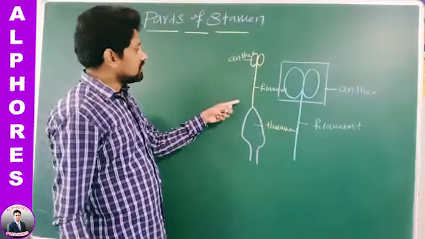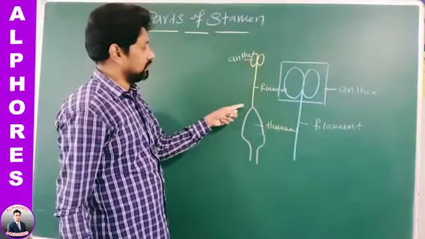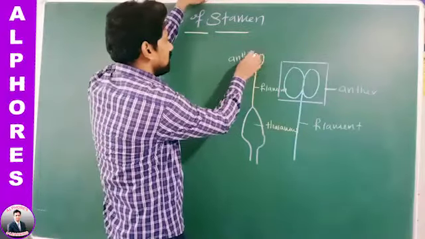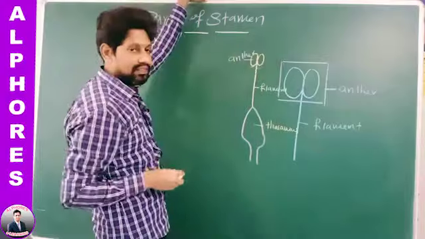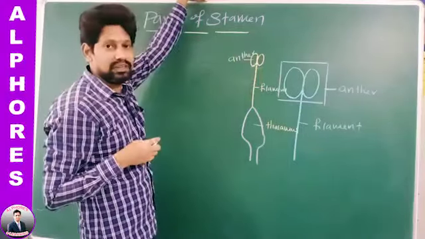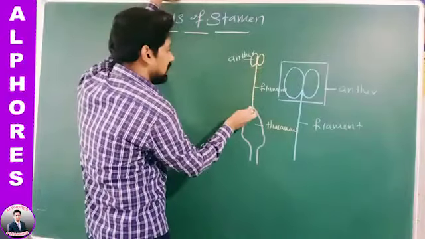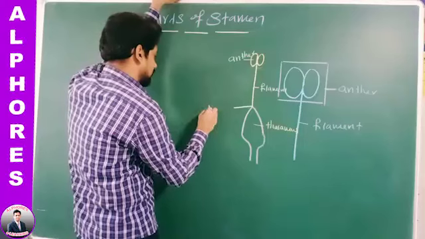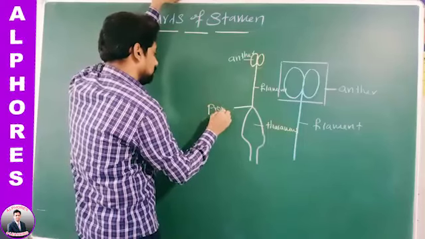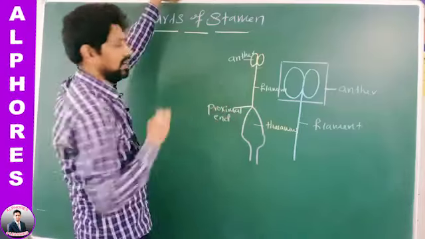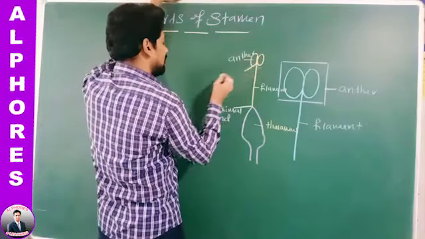See here, this is a stamen. In this stamen, this is the anther and this is the filament. In this filament, this is the proximal end, whereas this is the distal end.